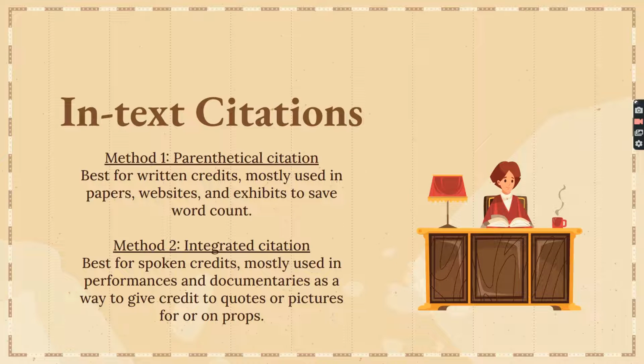Or wait, no, it's not. That's incorrect. For exhibits, if they say, according to Franklin Roosevelt, and then a quote, or like if Nate used quite a few quotes in his documentary. Or wait, no, I'm so tired. Wait, what am I saying? Okay. No. You need to sleep. I do need to sleep. Okay.